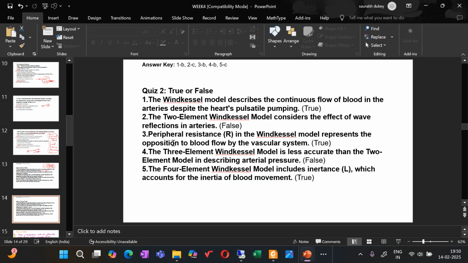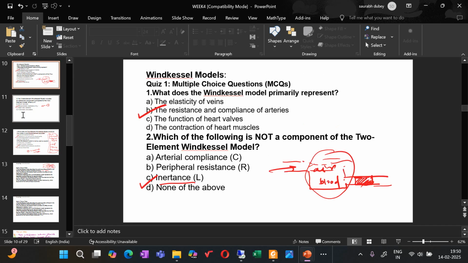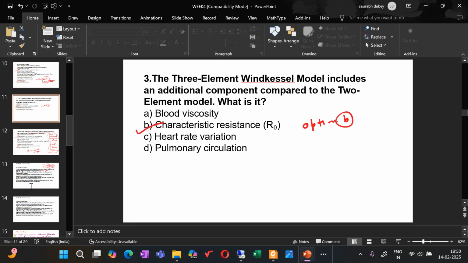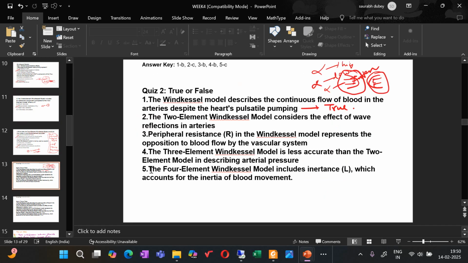Another one is: the peripheral resistance R in the Windkessel model represents the opposition to the blood flow by the vascular system. Is it? This is true, that we have already seen. This last question was similar to that. The another one is: the three element model is less accurate than the two element model in describing arterial pressure.